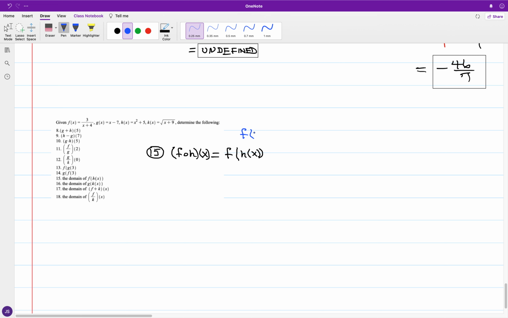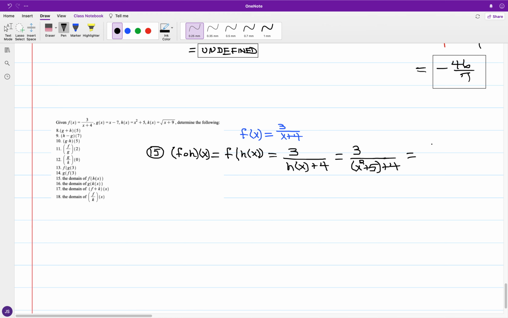So you're going to have f of the input is equal to 3 all over the input plus 4. Now for f of h of x, h of x is the input, so replacing h of x with the expression to which that function is set equal, we have 3 all over x squared plus 5, followed by the addition of 4.